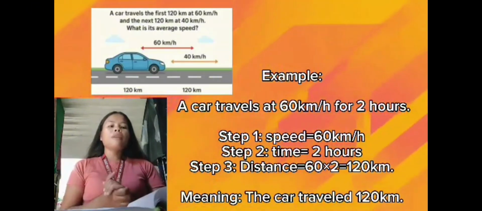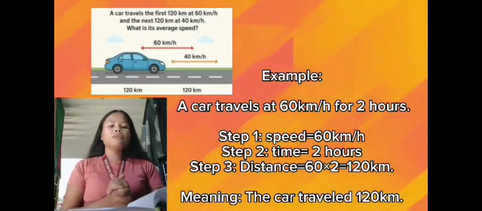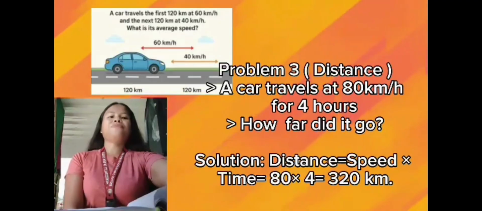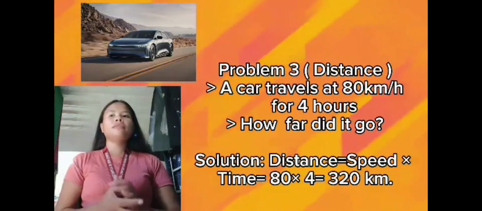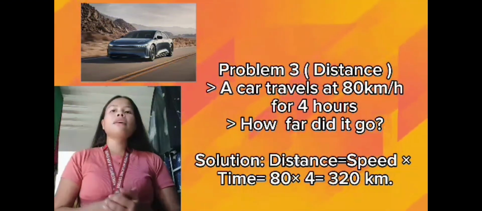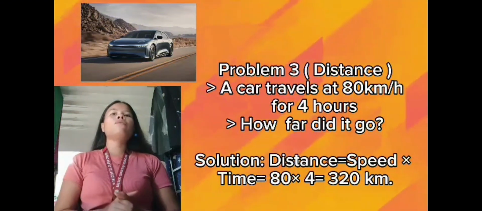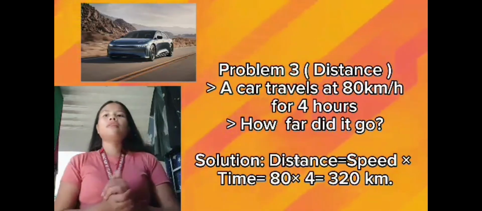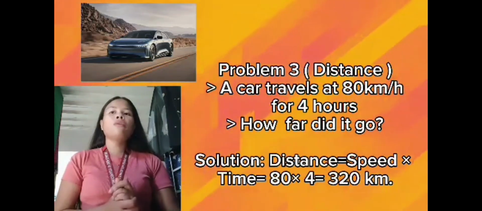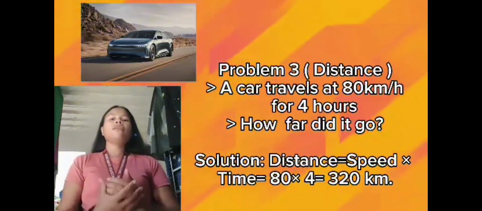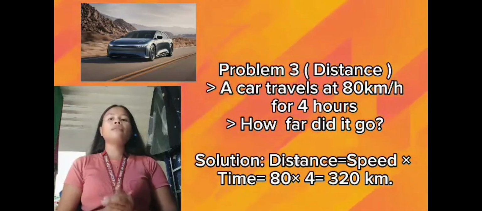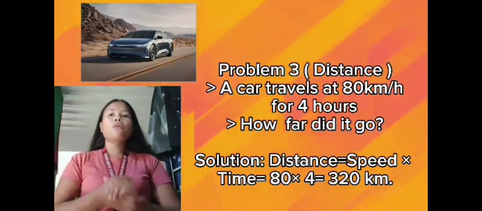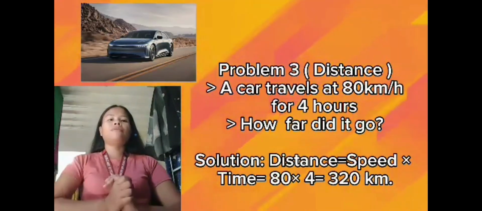So the car traveled 120 km. Next is problem 3: a car travels at 80 km per hour for 4 hours. How far did it go? The solution is distance equals speed times time equals 80 times 4 equals 320 km.